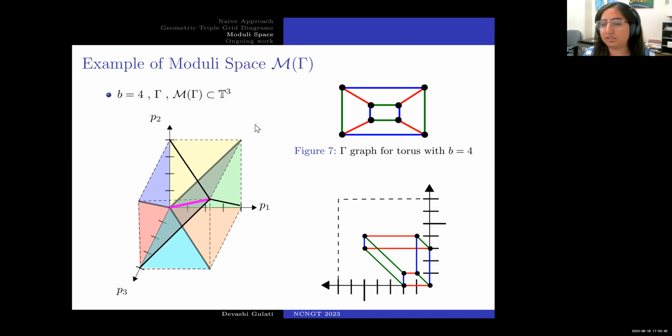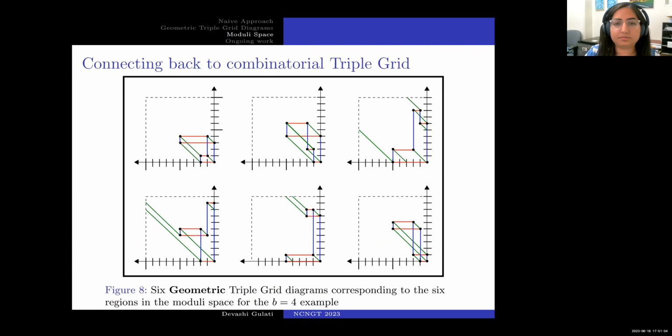Each region is a space of geometric triple grid diagrams, which encode the same combinatorial triple grid diagram. On the right here is one of the geometric triple grid diagrams from one of the regions. Here are all 6 geometric triple grid diagrams for the 6 regions.